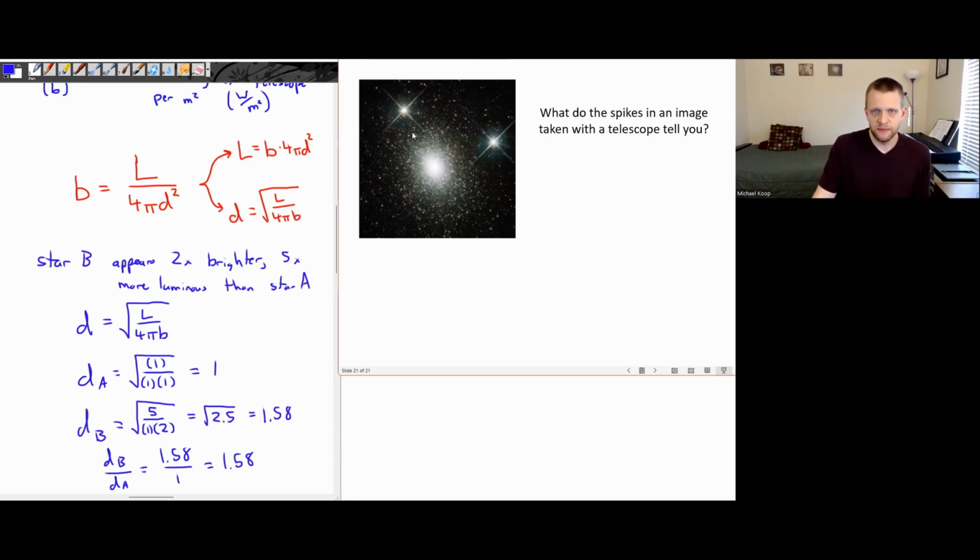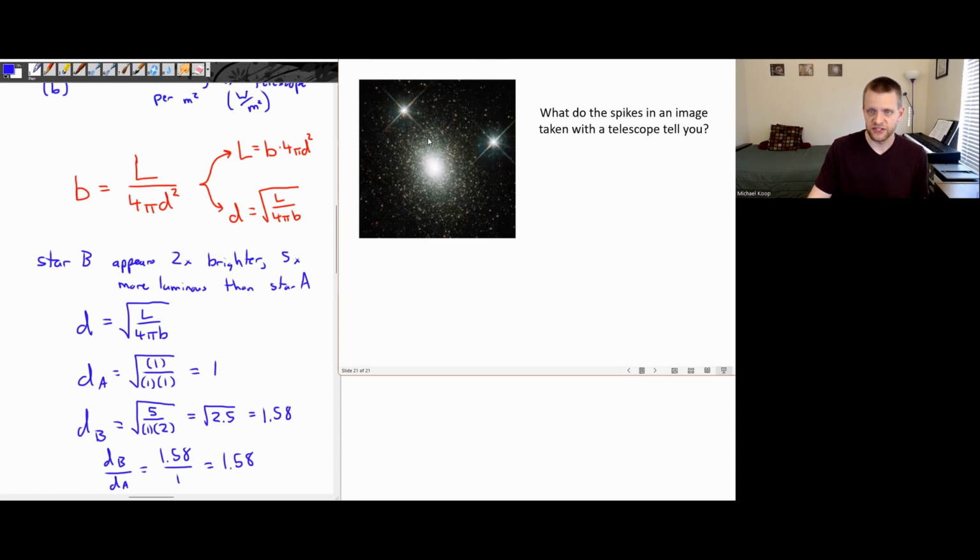These spikes in an image are not actual giant spikes extending off the star, as fun as that would be. This is a lens flare effect and a diffraction effect with some of the structures that make up the telescope itself. Basically, when you see these spikes on the image, it's showing that that light source is too bright for the settings of the telescope.